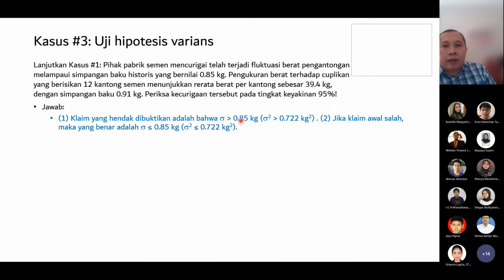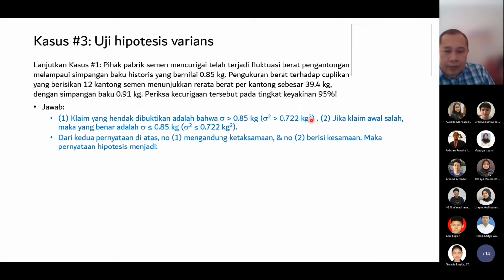Okay, and right off the bat, you can see that the first statement contains inequality, and the second statement contains equality. So the first statement becomes H1, and the second one becomes H0, the null hypothesis, right?